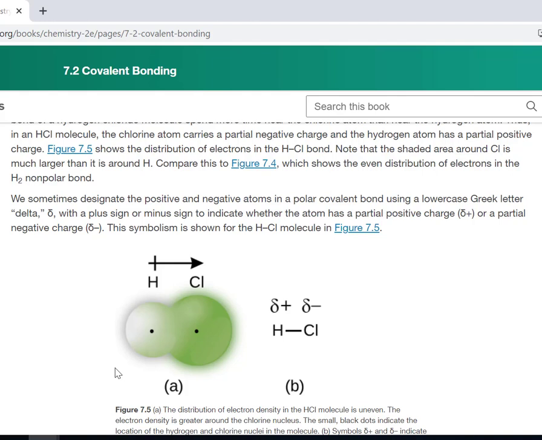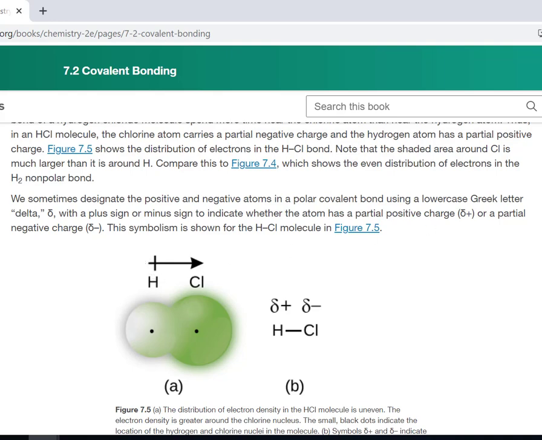So the shared electrons are more towards the greener areas, less towards the whiter areas. And we'll look in more detail at this particular type of sharing a bit later. Another way of showing that is what we're showing here. This is called a vector.